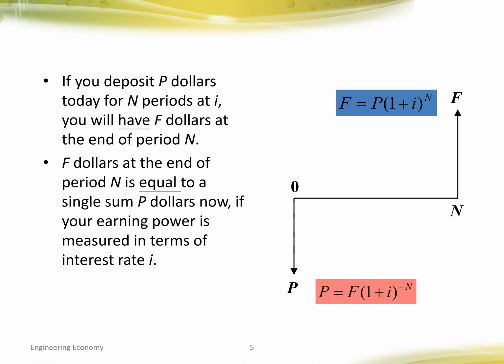One is, let's just assume that you lend the money to somebody else at the present time. That is, you have money outgoing, and after n periods of time, this person will return the money back to you.